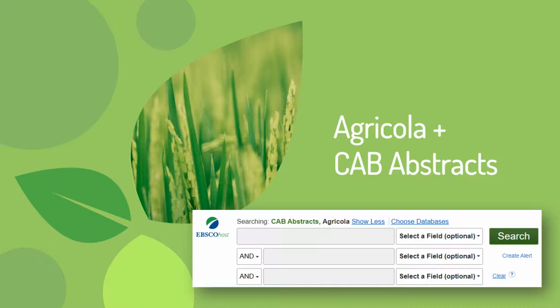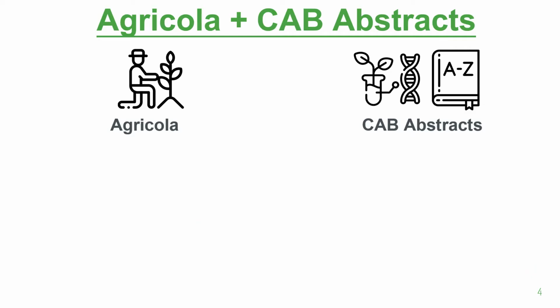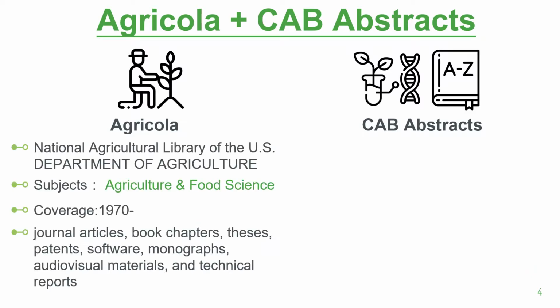The first one is AGRICOLA and CAB Abstracts. Actually, there are 2 databases that can be searched through the AGRICOLA platform at the same time. AGRICOLA is a bibliographic database produced by the National Agricultural Library of the United States Department of Agriculture.